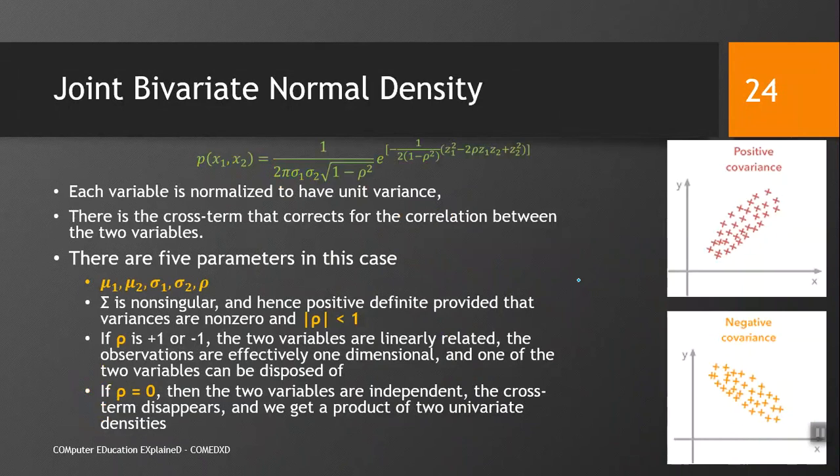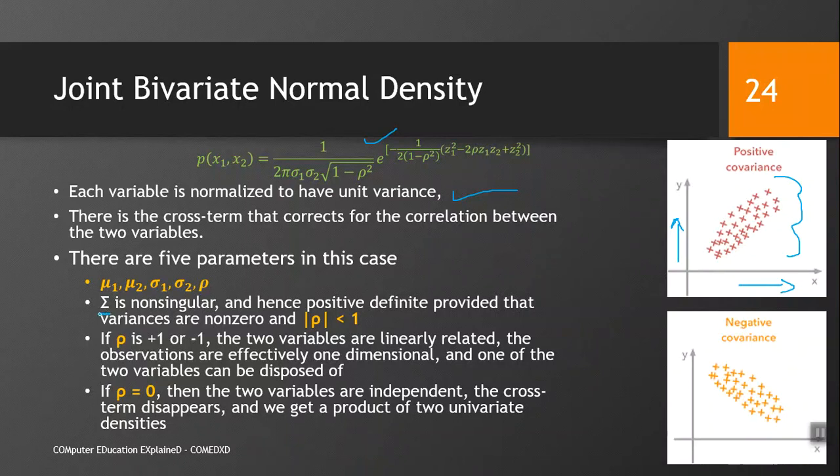Continuing the bivariate case, each variable is normalized to have unit variance. There is the cross term that corrects for the correlation between the two variables. Right here you can see that we have one variable here, the other here, and these are the covariances. There are 5 parameters in this equation: mu1, mu2, sigma 1, sigma 2, and rho.